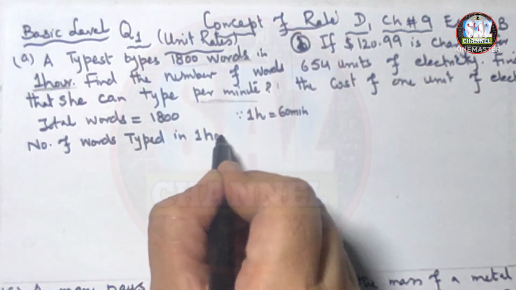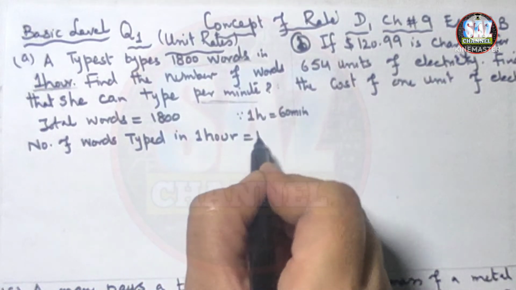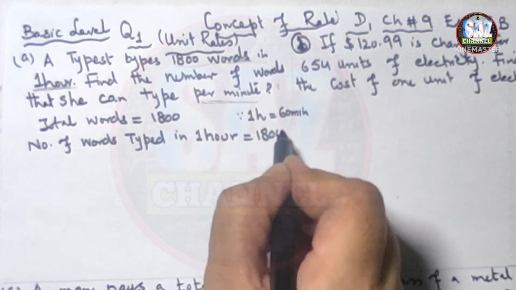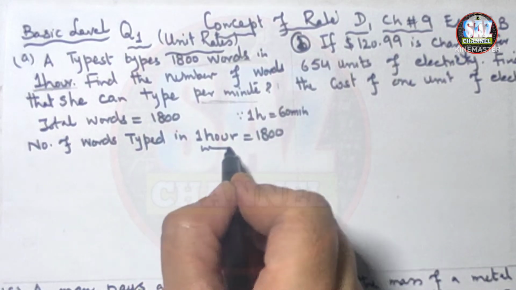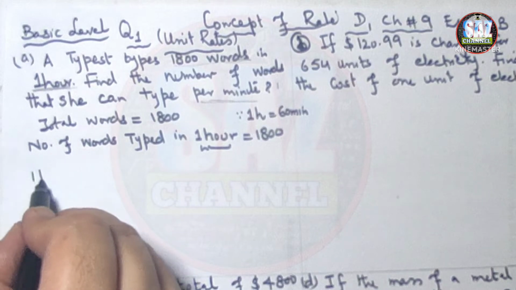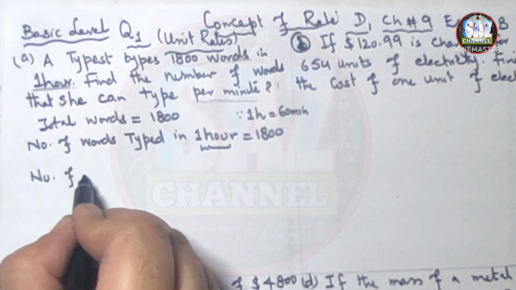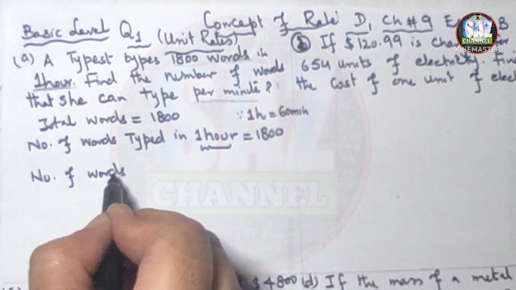And now think about this 1 hour, that can be replaced: number of words typed in what, students? Typed in 60 minutes.